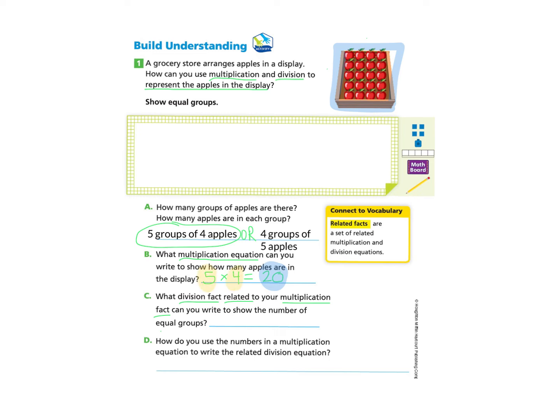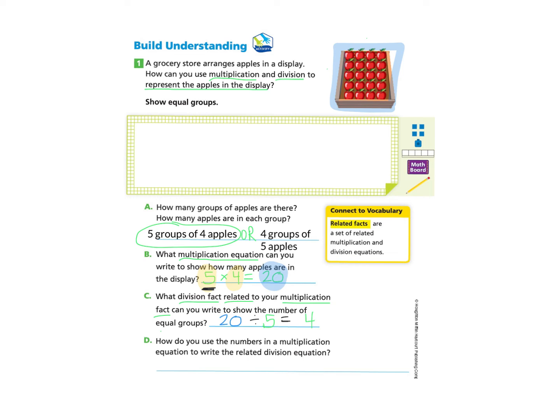We can use the information from our multiplication equation to help write and understand the relation between division and multiplication. So we take those 20 apples and we divide them by a factor, and we'll choose the factor 5 here. So we write that 5, and then we find that when we take 20 apples and put them into 5 groups, there will be 4 apples in each group.